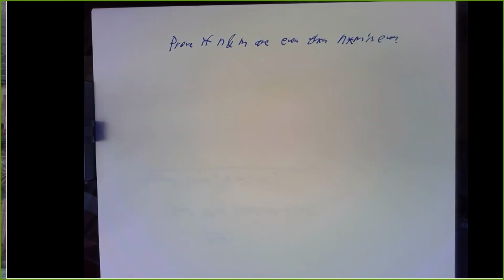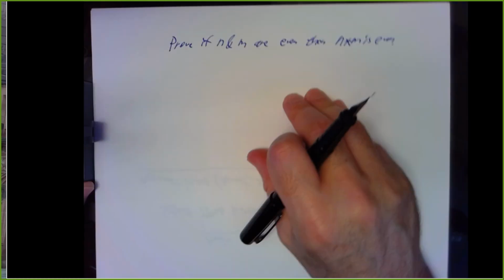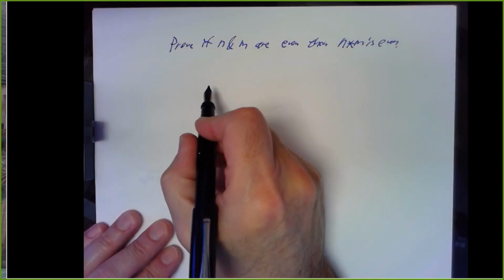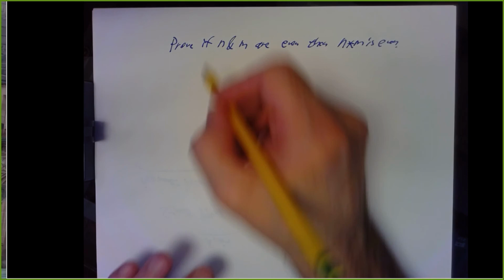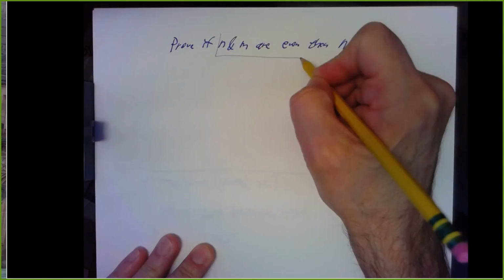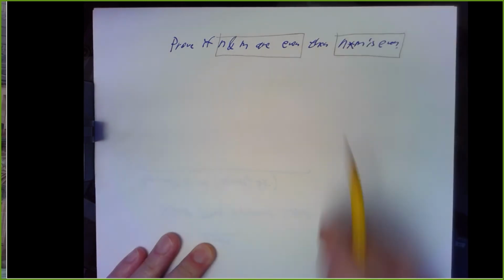Let's prove that if n and m are even numbers, then n times m is also an even number. And this would be a little tricky with an indirect, but a direct proof is going to work well. All right, so break it down into propositions. If proposition, then another proposition.